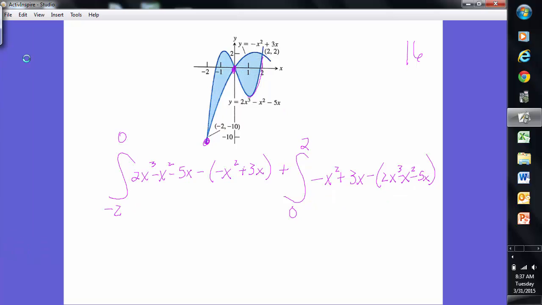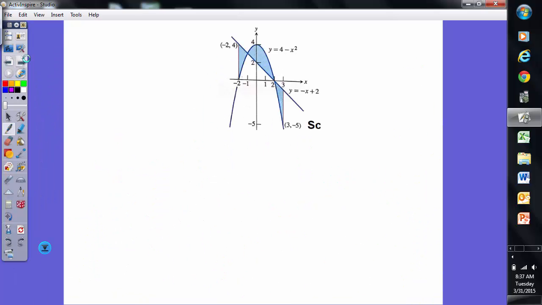Okay. Now we have three separate scenarios. When we go from -2 to 1, the top curve is the line and the bottom curve is the parabola. So we're going to go -2 to 1. The line is -x plus 2 minus the parabola, which is 4 minus x squared. Then the next section, from -1 to 2, the top curve is 4 minus x squared, and the bottom curve is -x plus 2.